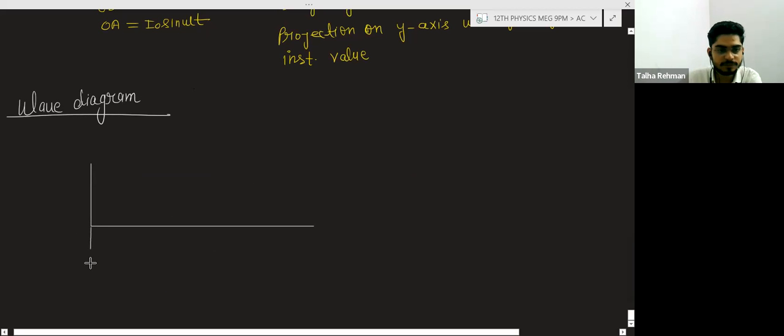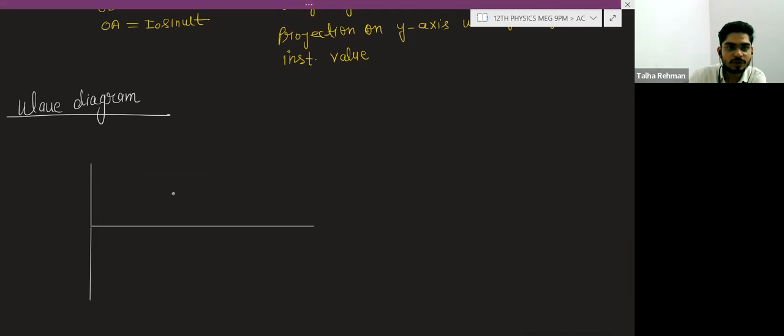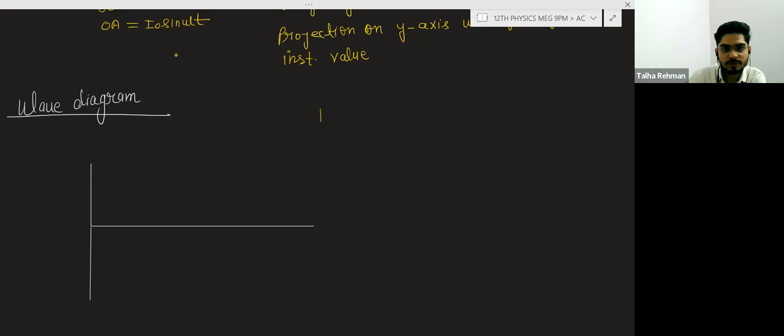Now we will draw the wave diagram for V is equal to V naught sine omega t, and I is equal to I naught sine omega t.